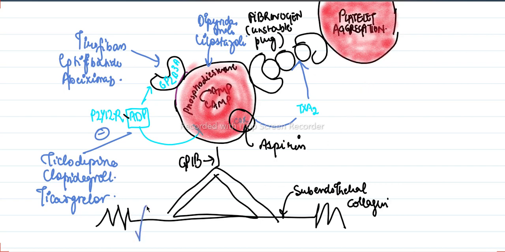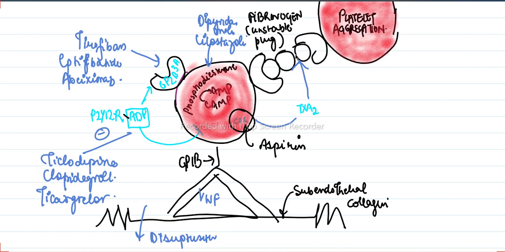So this is the disrupted endothelium, on top of which von Willebrand factor is exposed, and GP1A of one platelet sticks to the von Willebrand factor. Then with the help of fibrinogen platelet aggregation happens, forming an unstable plug.